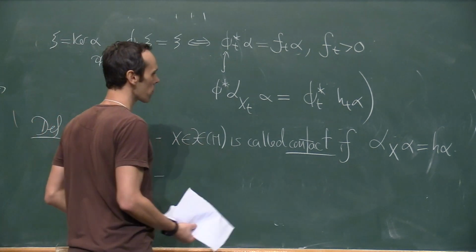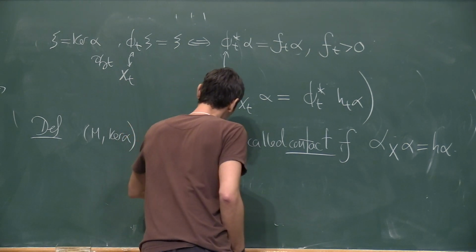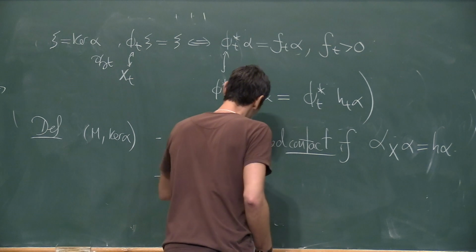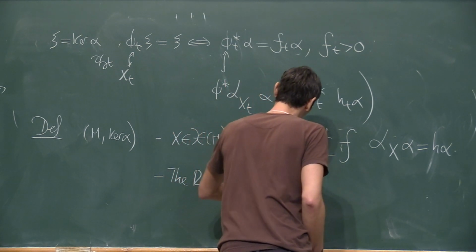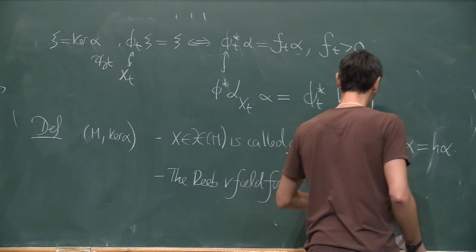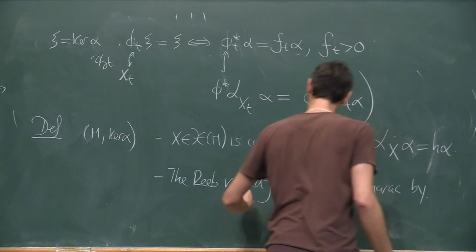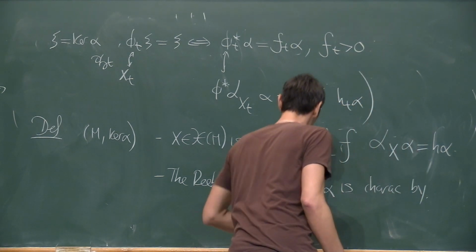So among contact vector fields, let me introduce the Reeb vector field. The Reeb vector field for the contact one-form α, R_α, is the vector field characterized by the following.